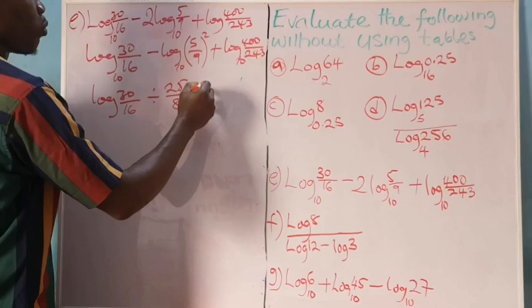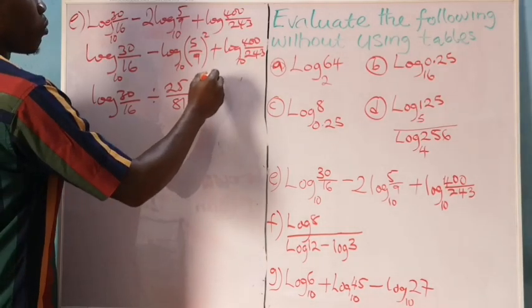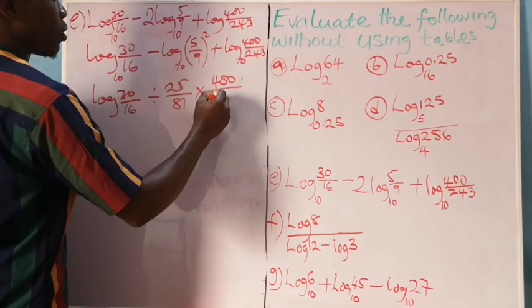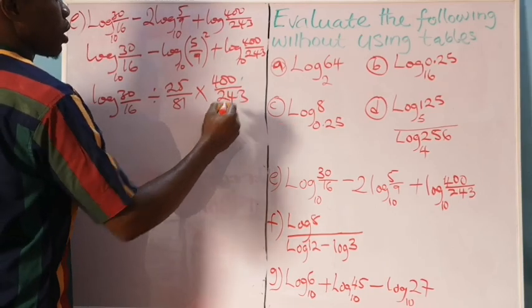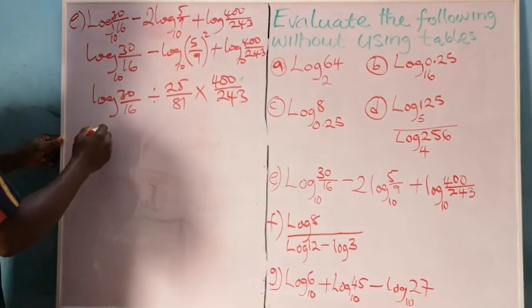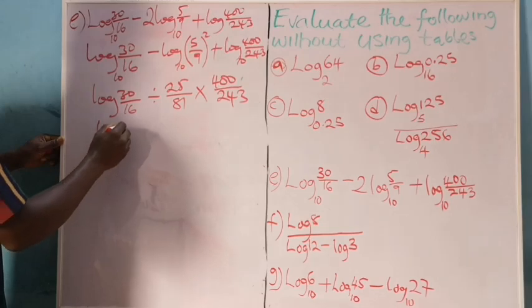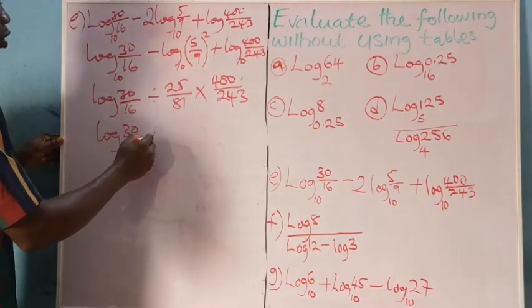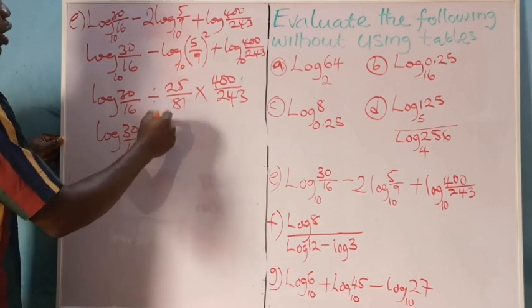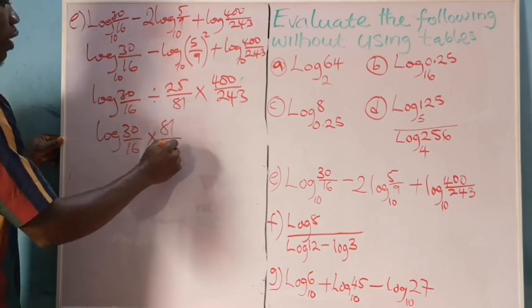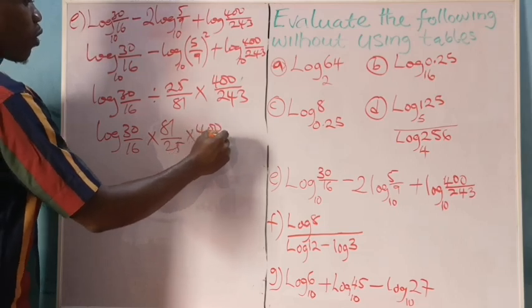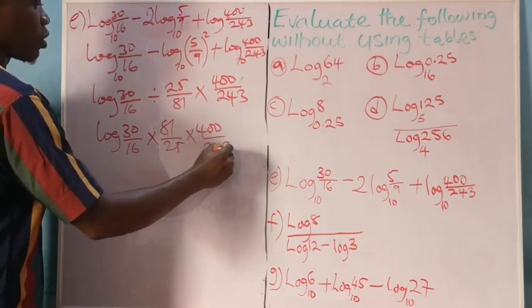Then this will change to multiplication. We now have multiplied by 400 all over 243. Okay, now we're going to have log 30 all over 16. We change this thing to multiplication. It will now be times 81 will go up, then 25 will come down, then times 400 all over 243.